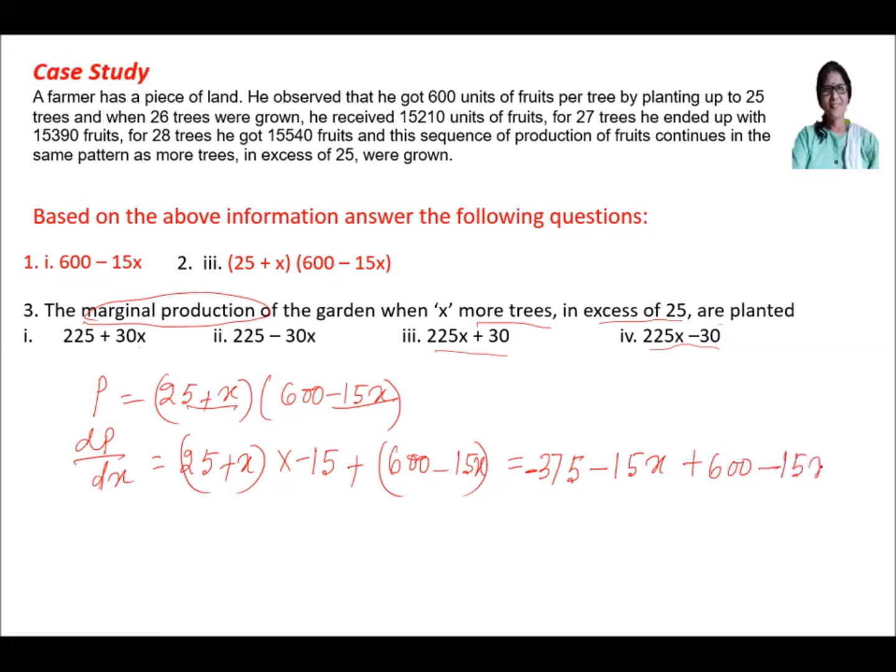So it will be minus 30x and it will be 225. So 225 minus 30x is the answer. Where is the answer? This is 225 plus 30x. No, 225 minus 30x. So the second one is the answer.